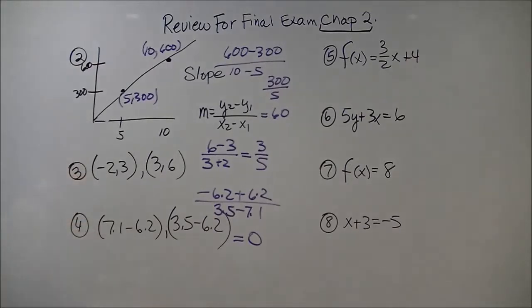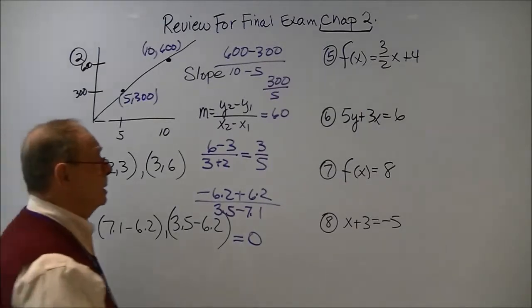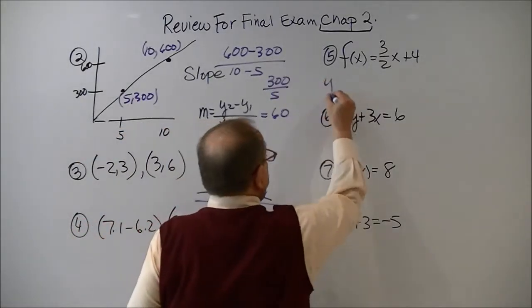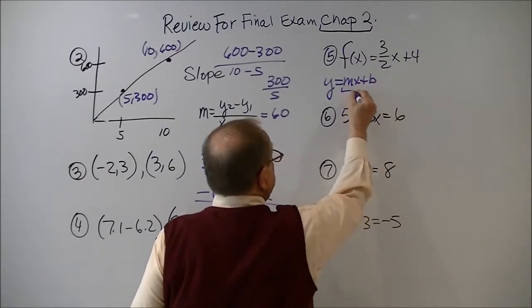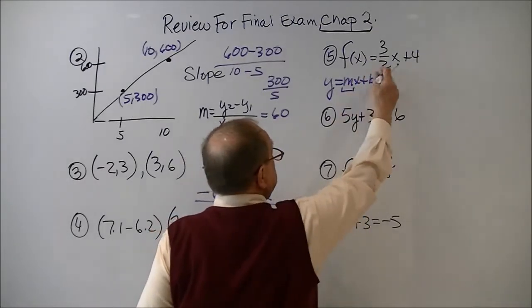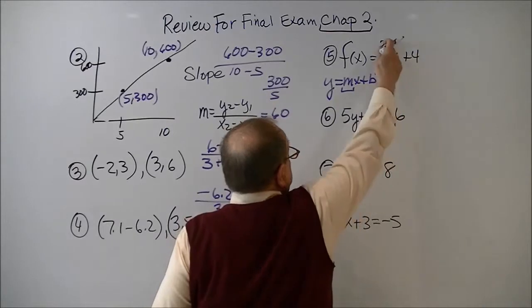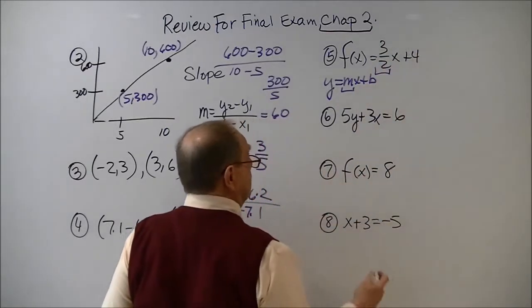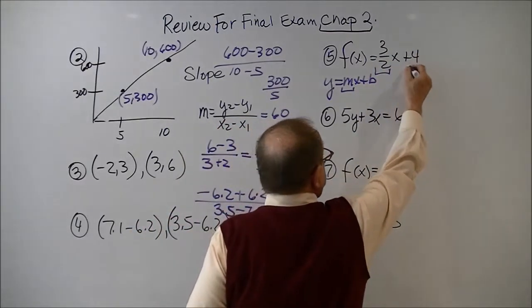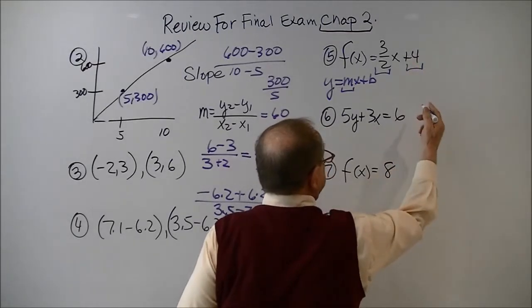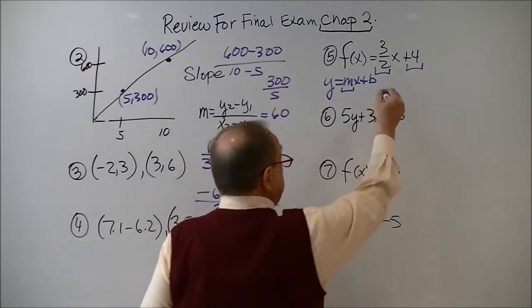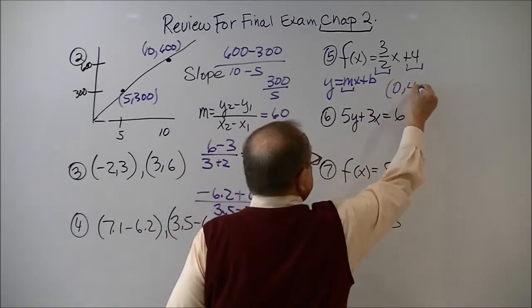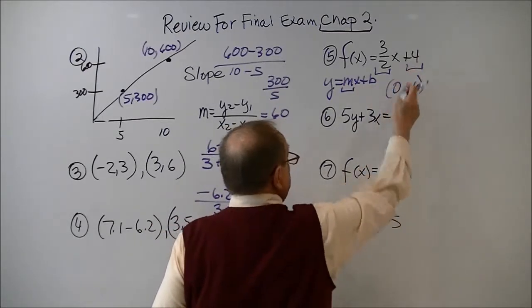And then in number 5, it's in slope-intercept form. y equals mx plus b. So whatever is in the m position, 3/2, that's our slope. And whatever is in the b position, that's our y-intercept. But we're asked to write it in the official way. So it'll be (0, 4) for our y-intercept.